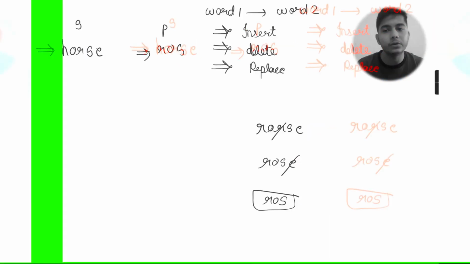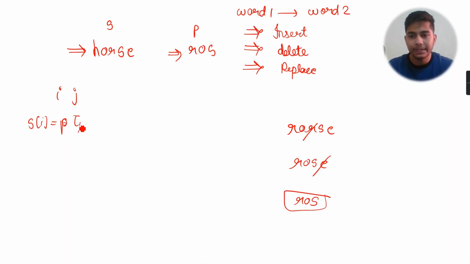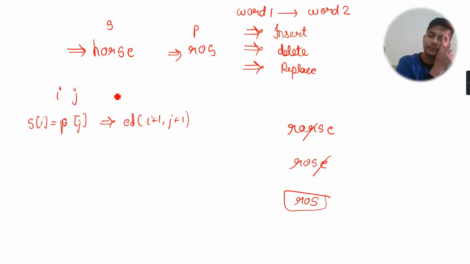So suppose the character is i for s and j for p. If they're equal, if si equals pj, then we will be doing ed of i plus 1, j plus 1, because they are equal, no need to check for them.